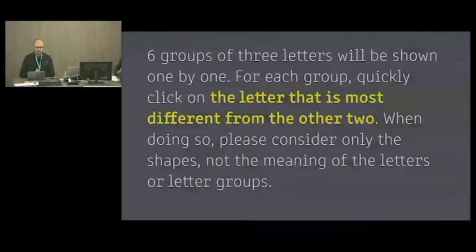So first, activity. I've run a series of studies where people were asked to do this task. Do you want to do this now? Yes or no?